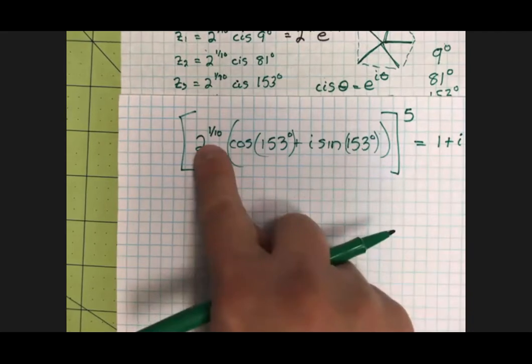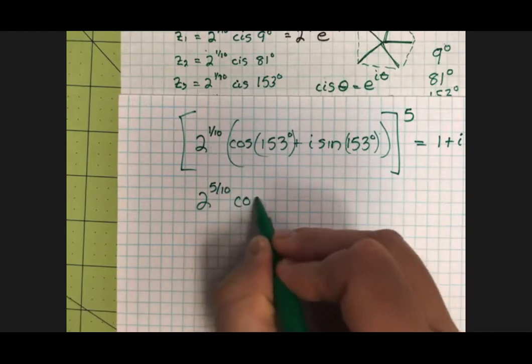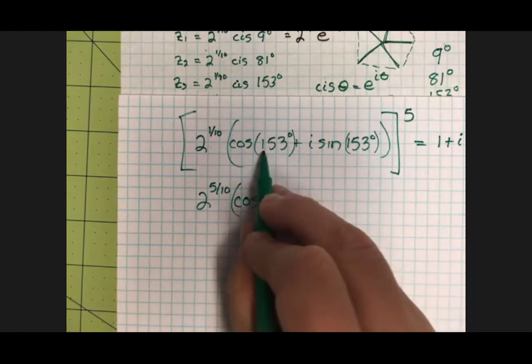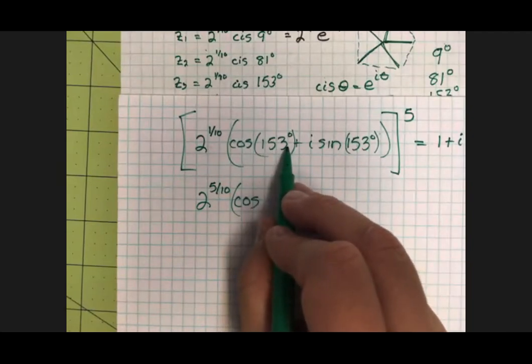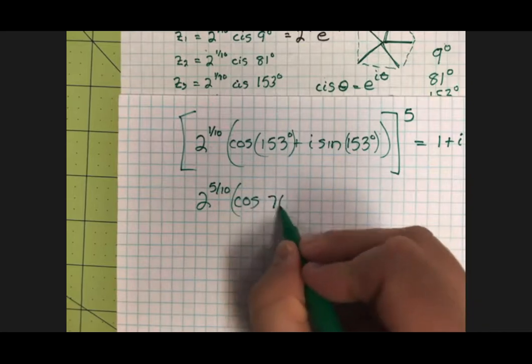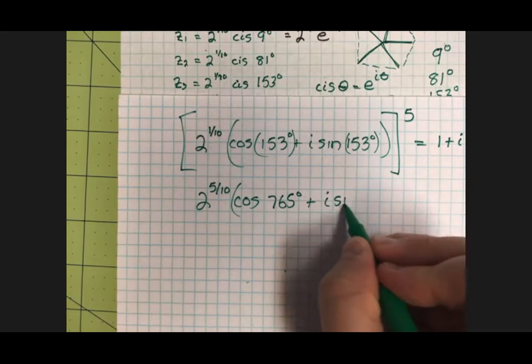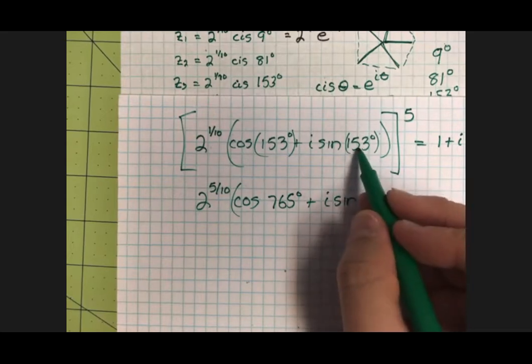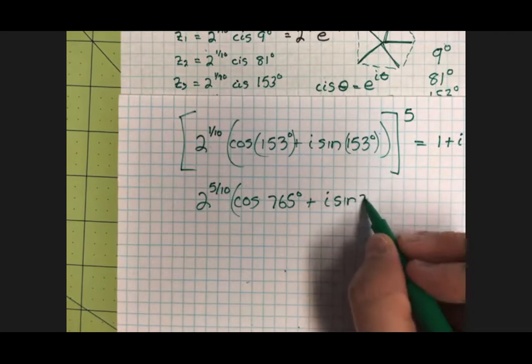Now, by the rules, it's 1 plus i. This is 2 to the 5/10 times the cosine of 765 degrees plus i times the sine of 765 degrees, since 5 times 153 is 765.